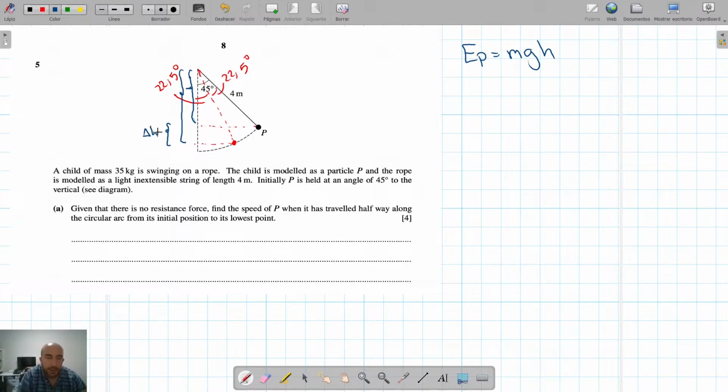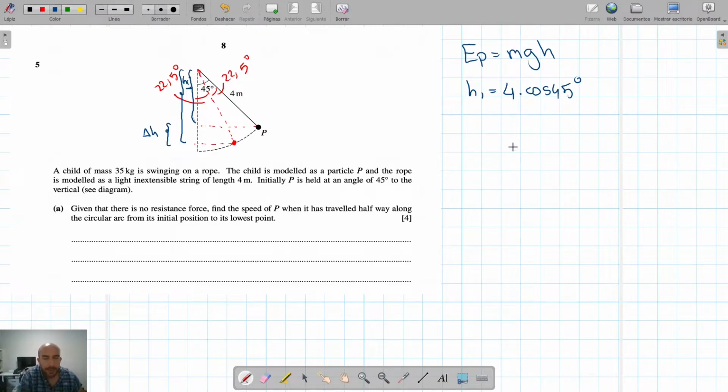Okay, so how can we find that height? Well, the height that it had at first, we're going to call it H1. We can get it through trigonometry, because we know that as it's the contiguous side, it's 4 times cosine of 45.